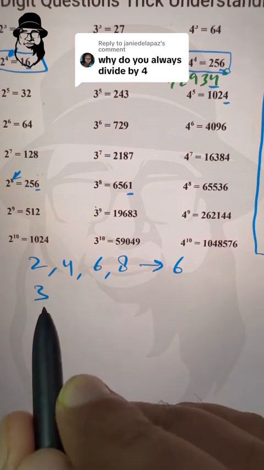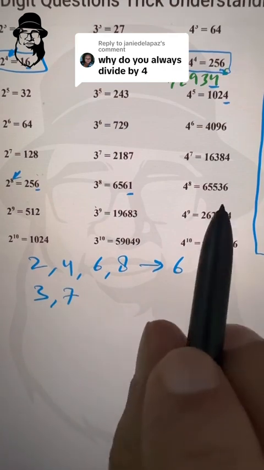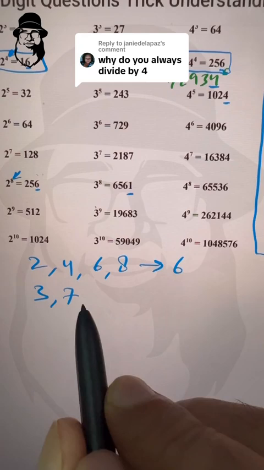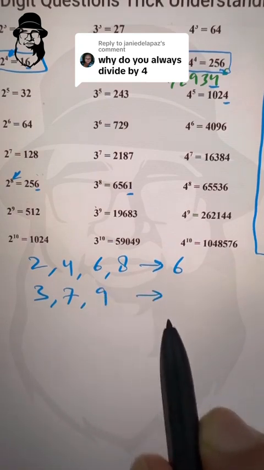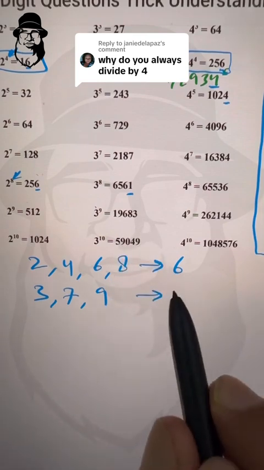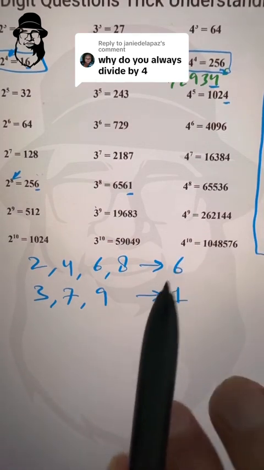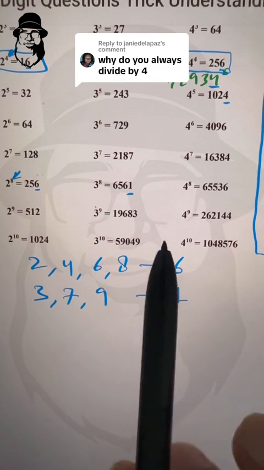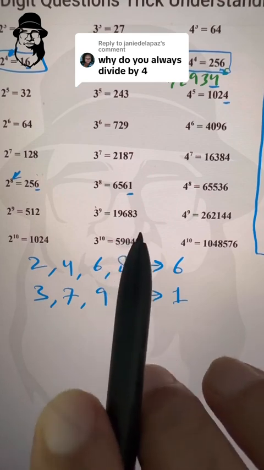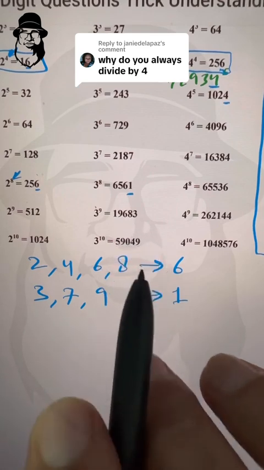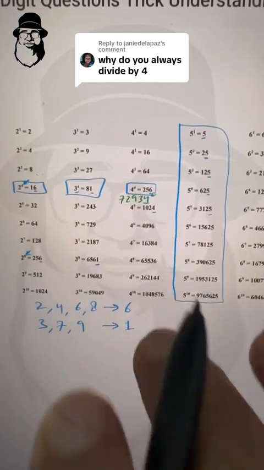And if the units digit of the number is 3, 7 or 9, because 5 is gone here, any one of these 3, the units digit of the answer will always end in 1. So we are done with all the powers that are divisible by 4. Any number, small or big, if its power is divisible by 4, then there are only 2 cases. One, we can see the pattern here.